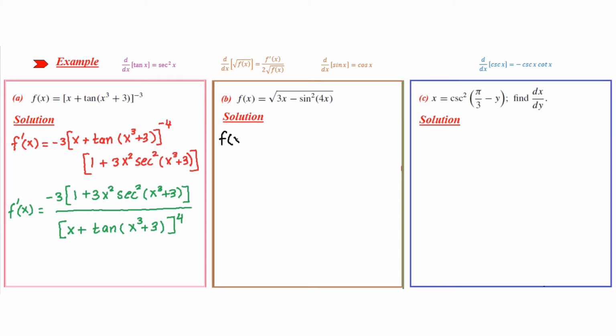So f of x, we can write it as radical 3x minus sine 4x all to the power 2. Now we can start finding f prime of x.